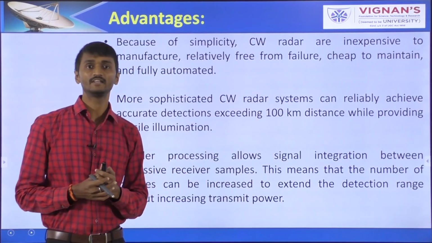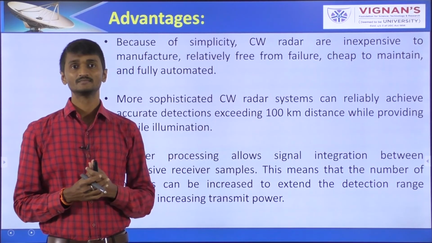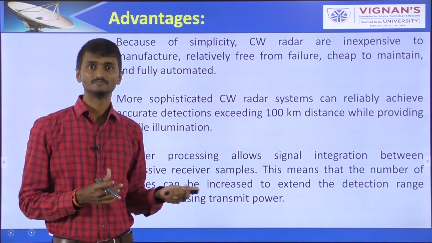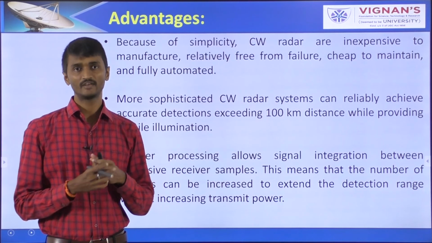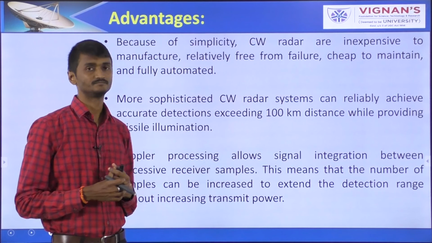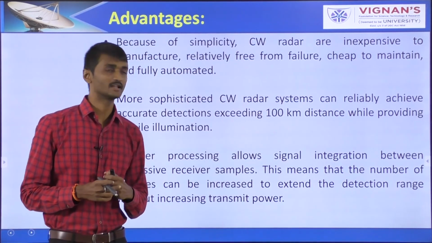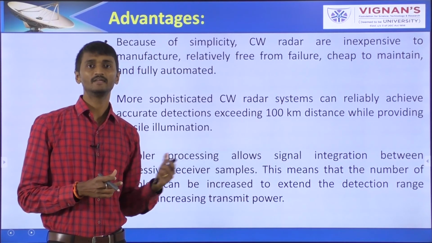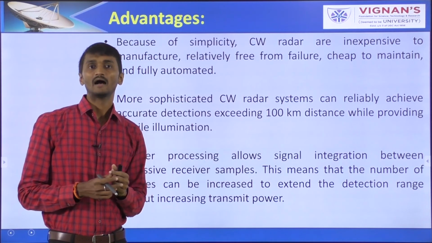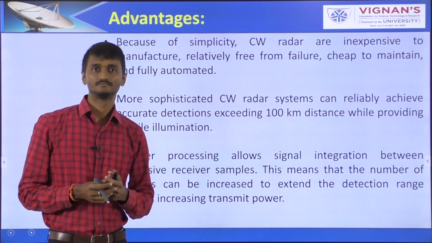Next, advantages of the CW radar. Because of its simplicity, CW radar is inexpensive to manufacture, relatively free from failure, cheap to maintain, and fully automated. More sophisticated CW radar systems can reliably achieve accurate detections exceeding 100 kilometers distance while providing missile illumination.